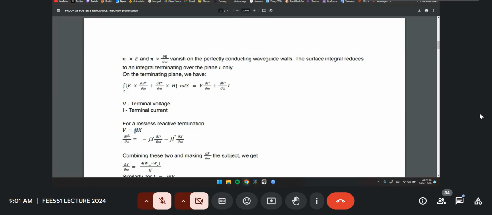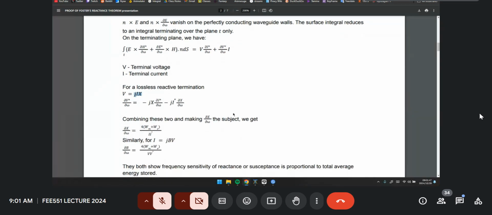When we find the complex conjugate of this and integrate with respect to W, we'll get negative jX integral of the conjugate of I minus the derivative of X. Remember this, we're using the same product rule.